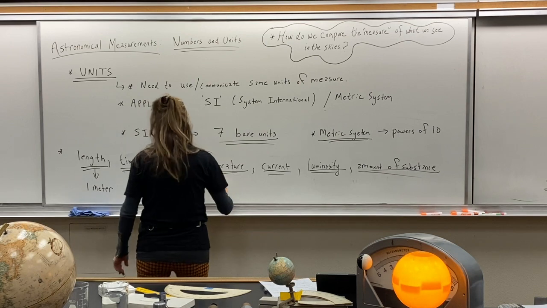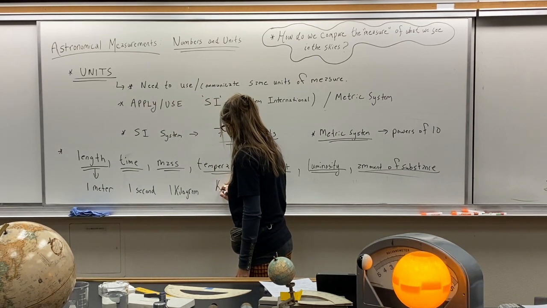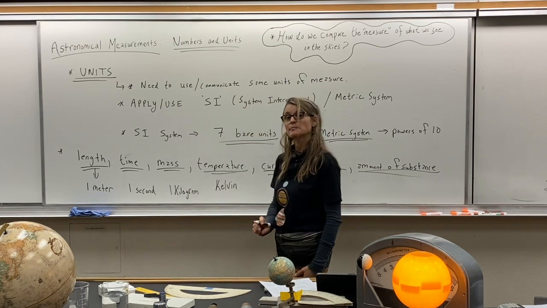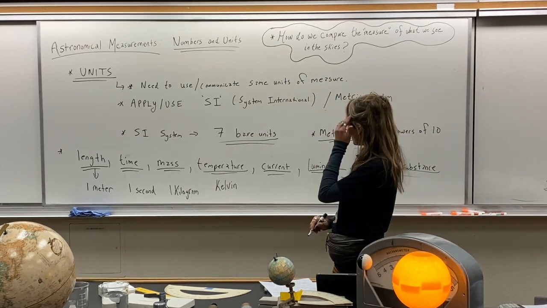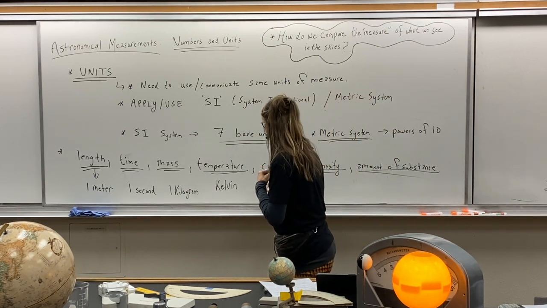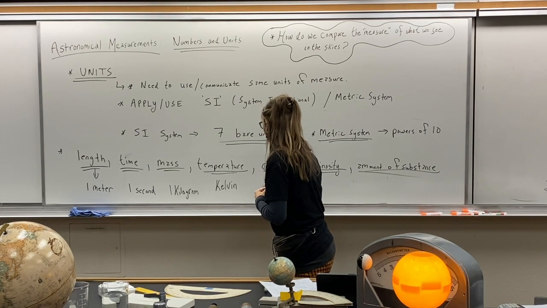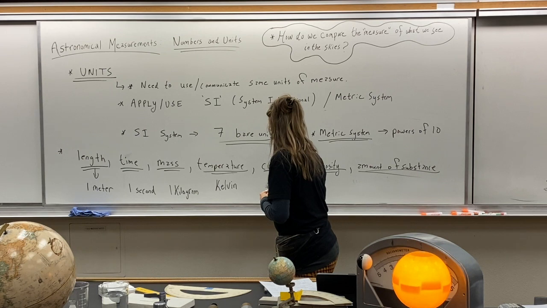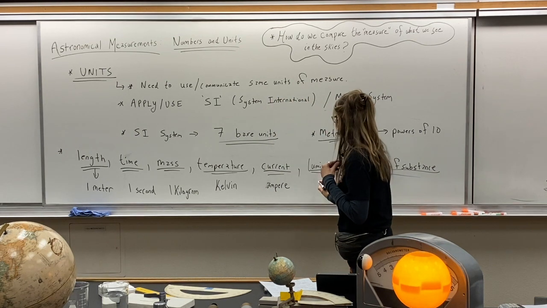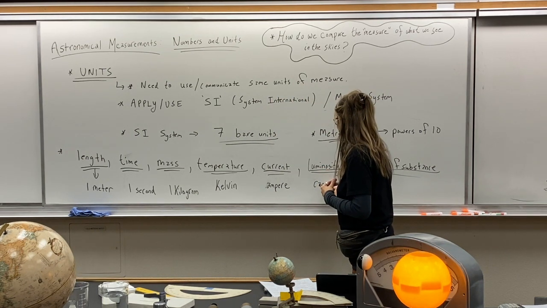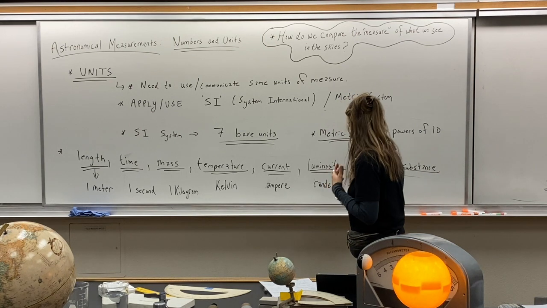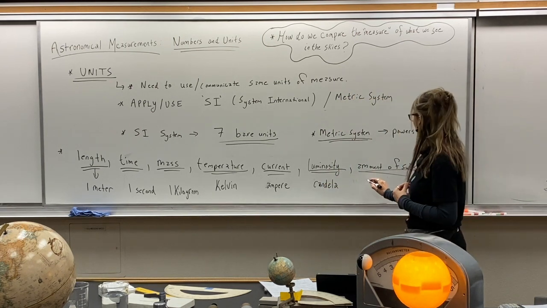Temperature, our standard is Kelvin, where 0 Kelvin is absolute zero, the coldest temperature possible. Current, we have the ampere. Luminosity, we have the candela. And the amount of substance, we have the mole.